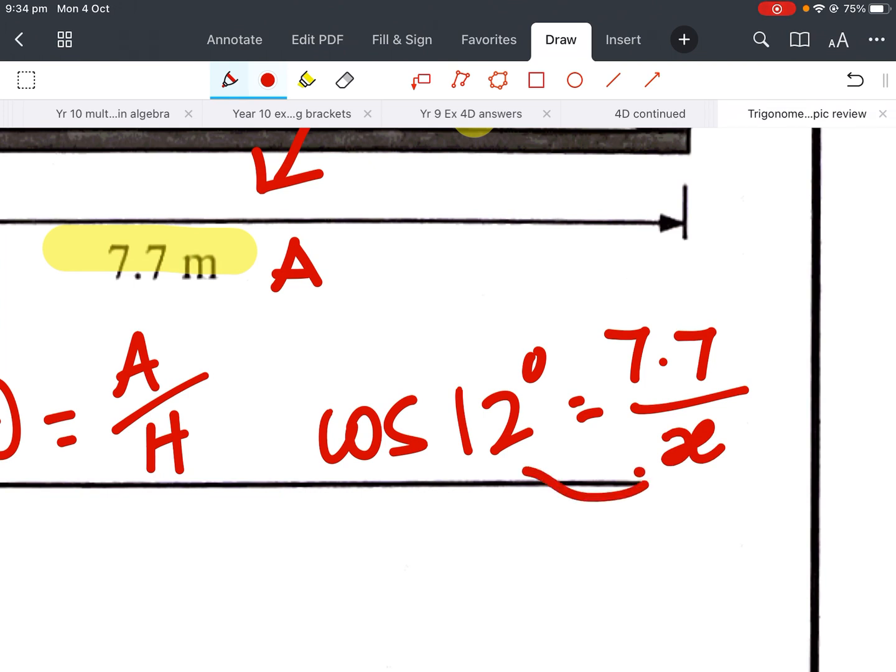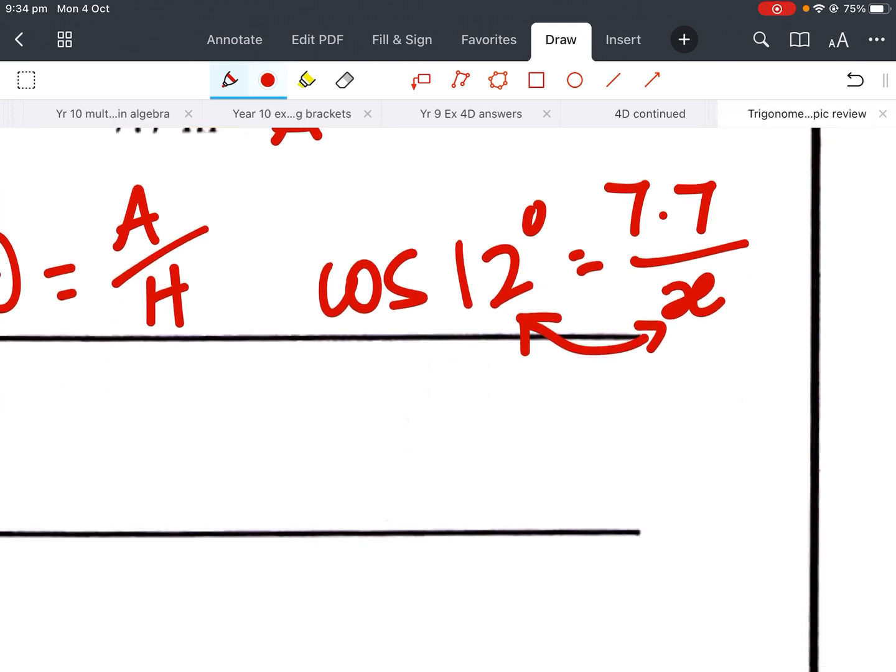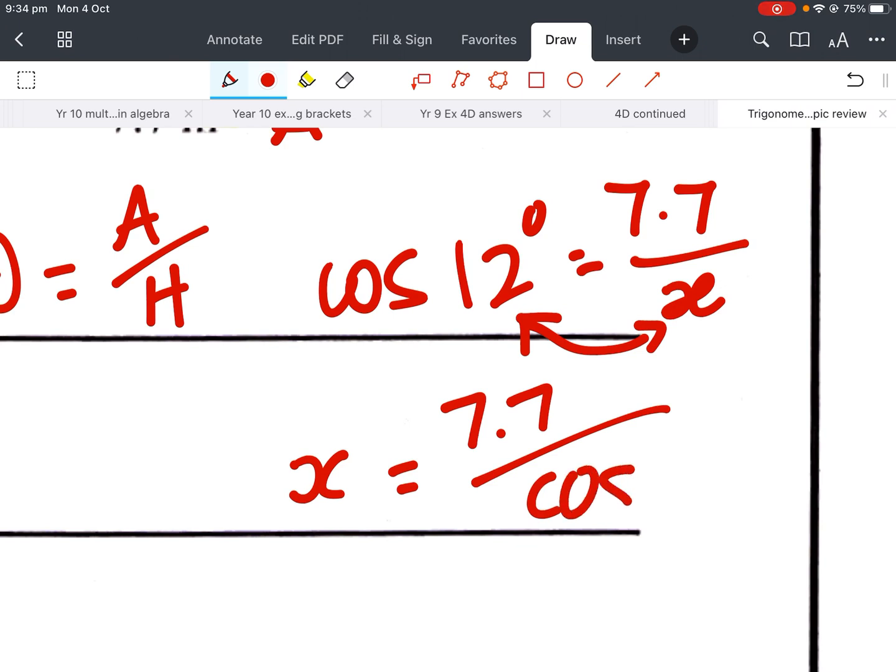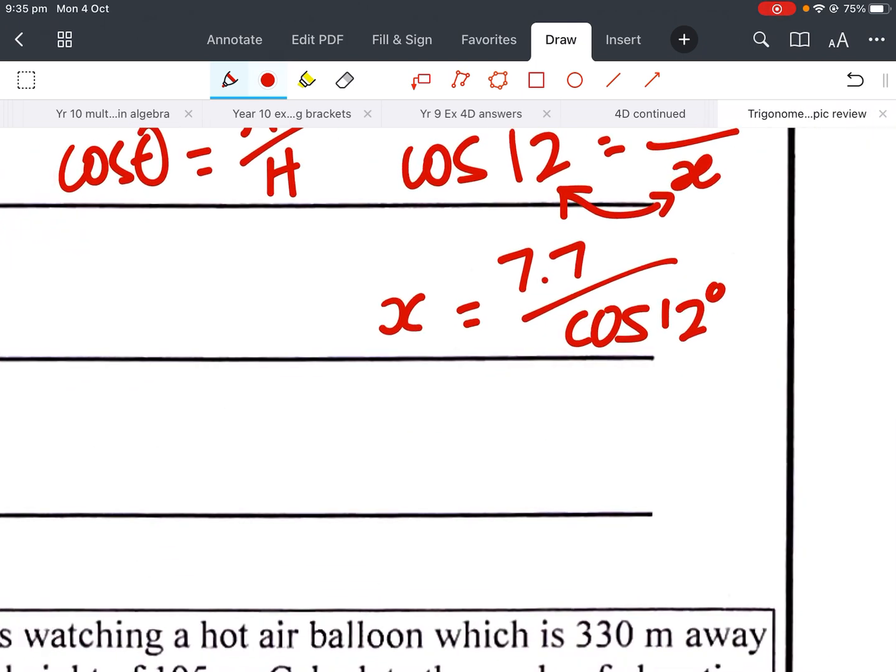Now I'm going to use the swapsies one this time. If the X is on the bottom, I can just swap the X and the cos 12. That's the quickest way to do that one. All right. Now I'm going to do that on my calculator. Remember, if you've got a Sharp, don't forget to put the cos and the 12 all in brackets. 7.7 divided by, or the fraction key should work, cos 12.